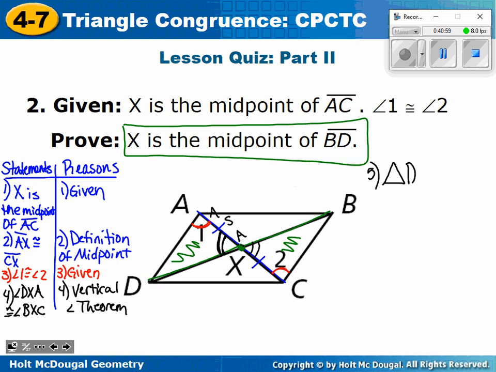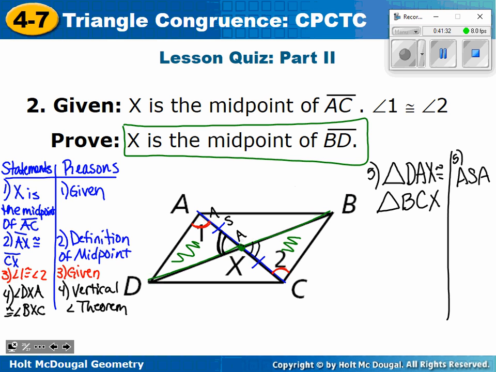Okay, I heard DAX is going to be congruent to triangle. Match your angles up. So D is the one that doesn't have a mark, so that means we're going to start with the triangle angle over here that does not have a mark. B. A had the 1 mark. C has the 1 mark, so B, C, X, right? And again, that is angle, number 5, angle, side, angle.